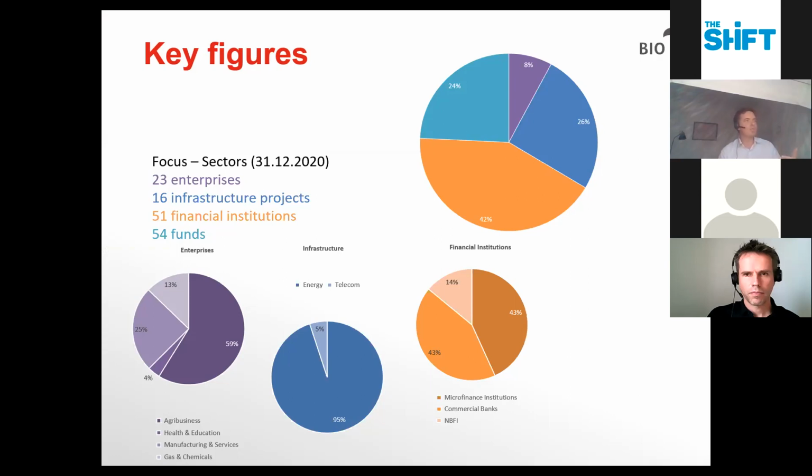But we also do what we call indirect investments, which is we make loans or equity investments to financial institutions and private equity funds, which themselves then invest this money locally in SMEs and other companies.